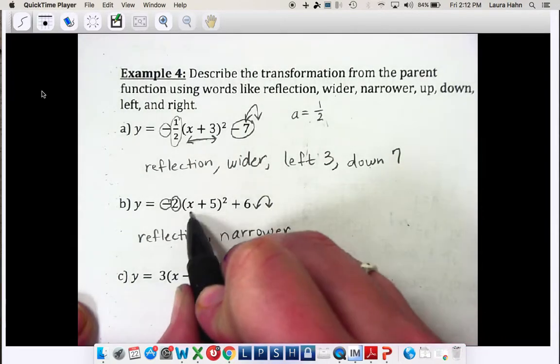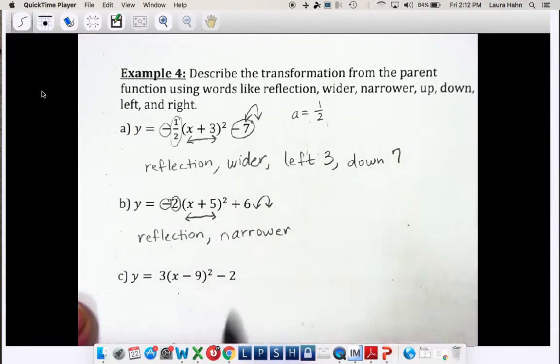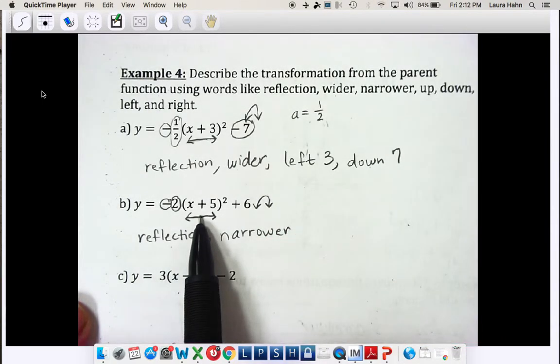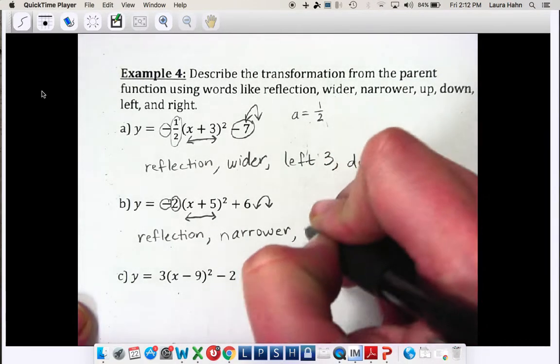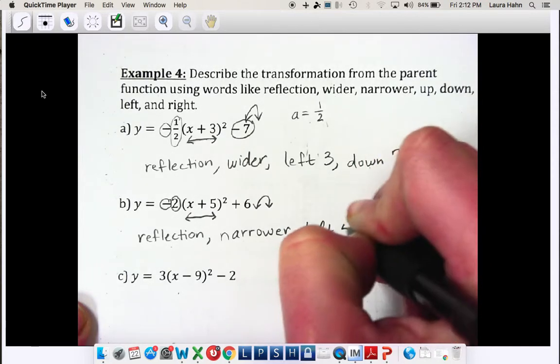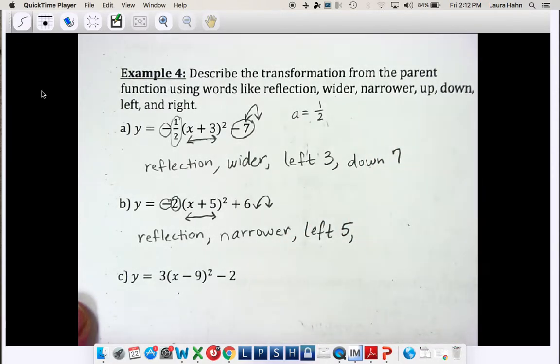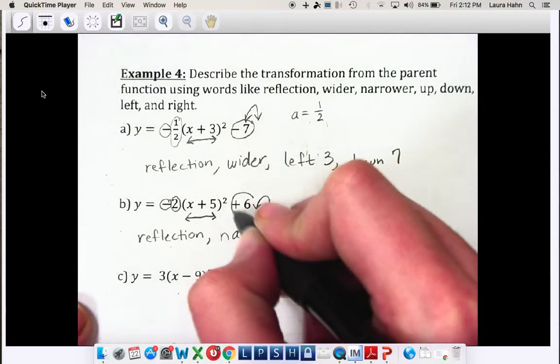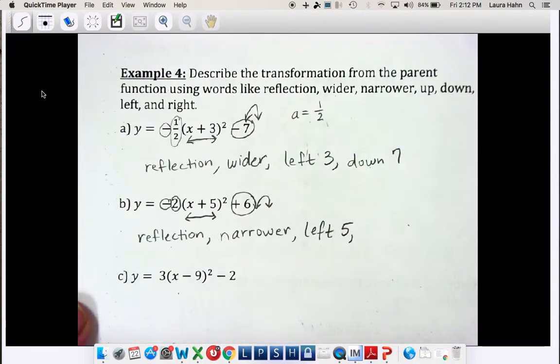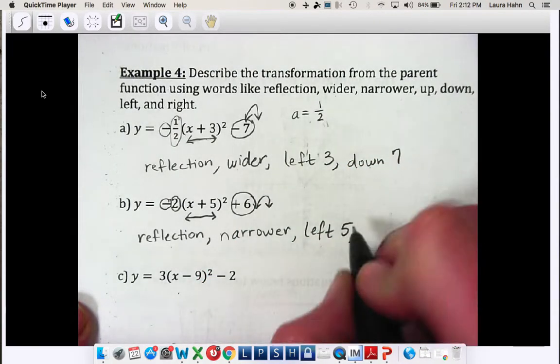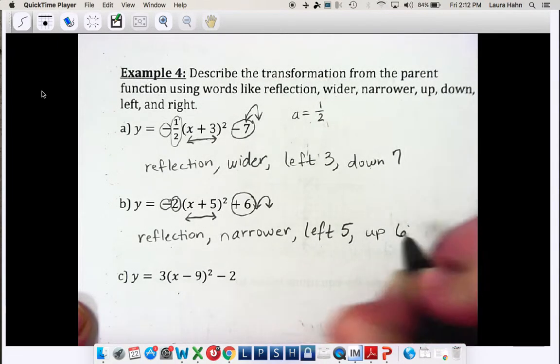We are adding to x. So remember, it's the opposite of what we think. So I know it's going to be moving to the left 5. And then this guy, affecting the y, adding 6, which is going to move it up 6.